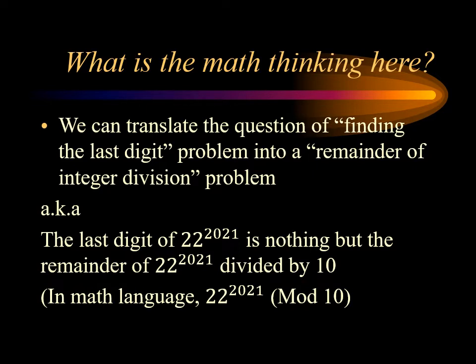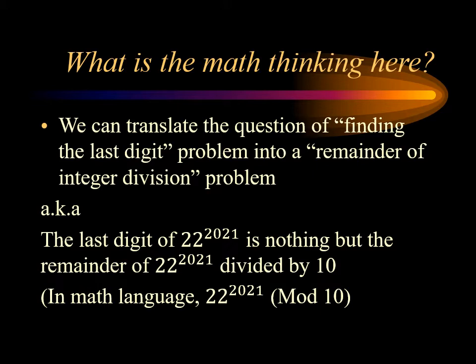The last digit of 22 to the 2021st power is nothing but the remainder of this big number divided by 10, and whatever remains there is the answer you're looking for.